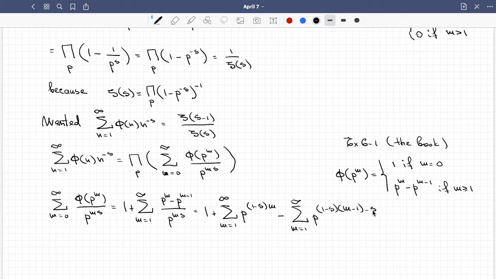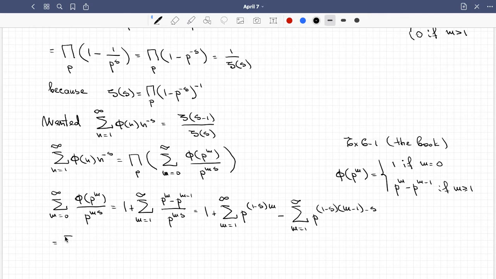Which is equal to, now I take this 1 inside the sum. This is going to be a sum from 0 to infinity. If m is 0, which is not allowed here, this is 1.